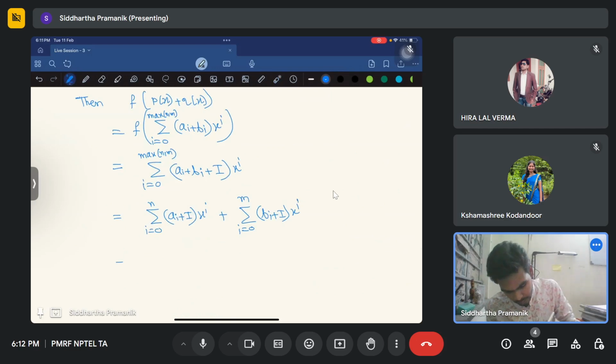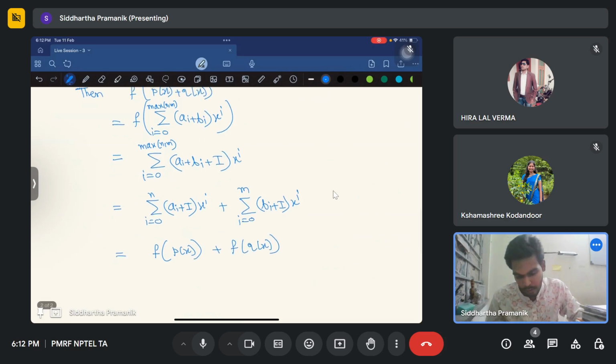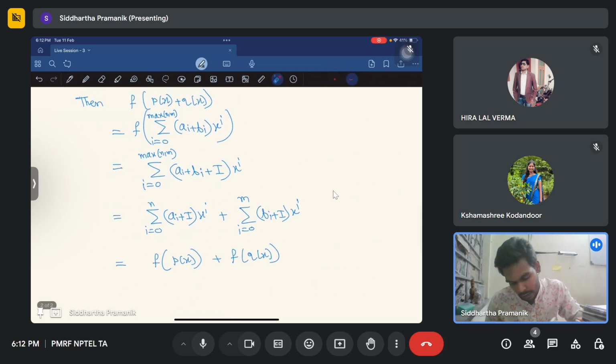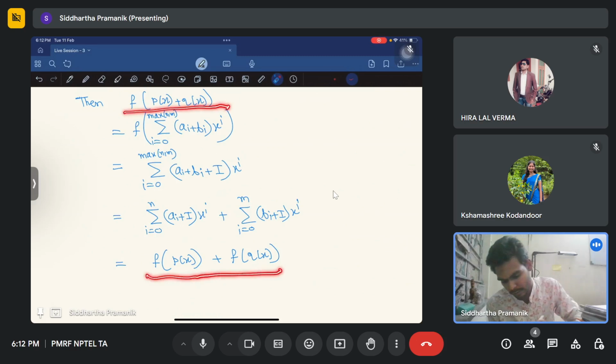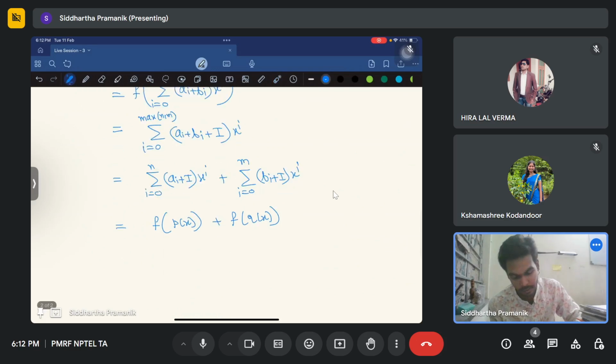But this is nothing but you take the function f and apply it on p(x), and this is just f, you apply it on q(x). So clearly you can see f(p(x) plus q(x)) equals f(p(x)) plus f(q(x)). So f preserves addition.